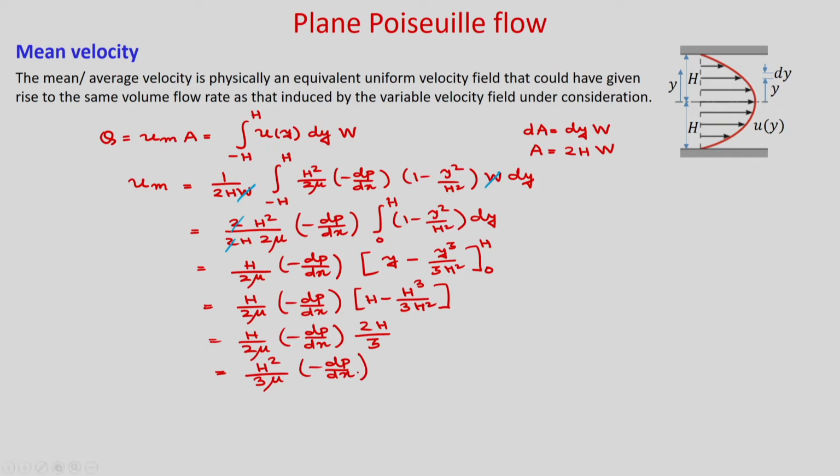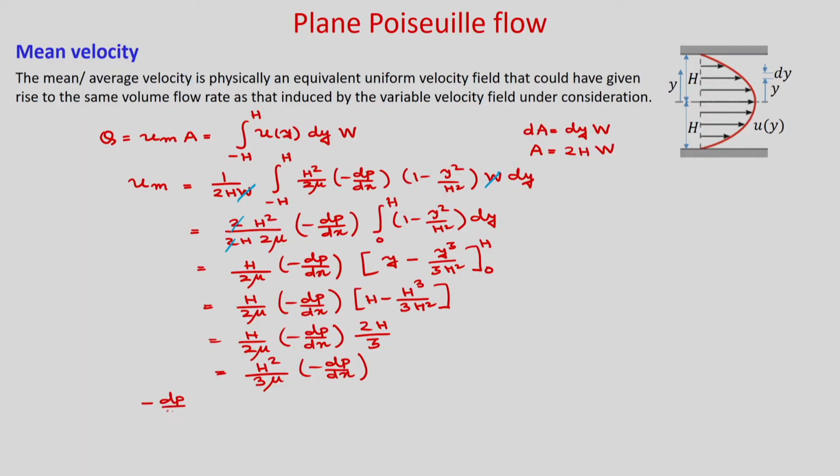Okay. So, now you can see that you can represent the constant pressure gradient, minus dp by dx, in terms of the mean velocity. So, you can write minus dp by dx, which is your pressure gradient, as 3 mu into Um by h square. Okay.